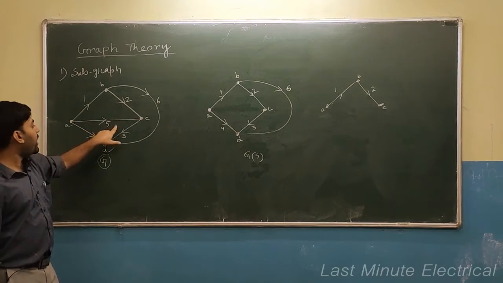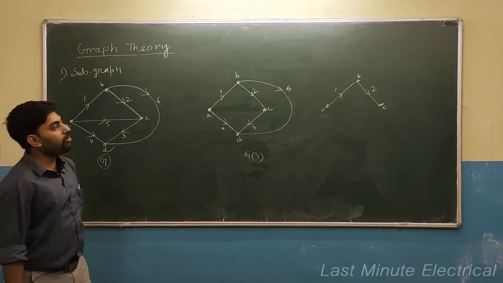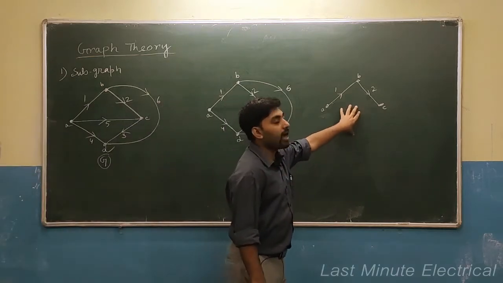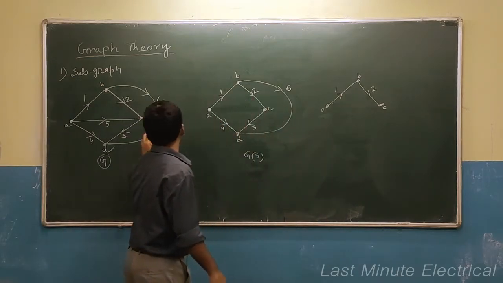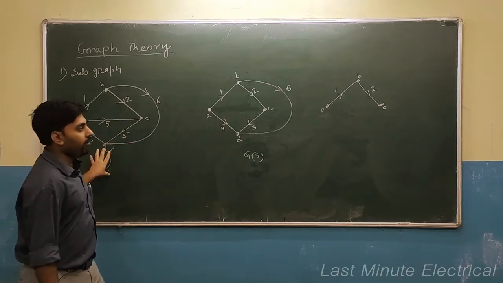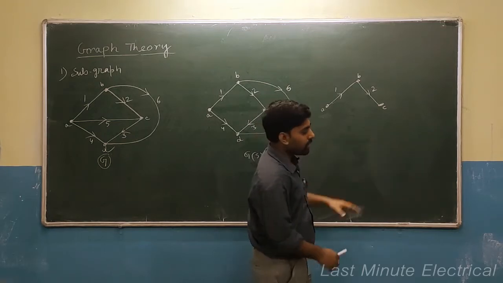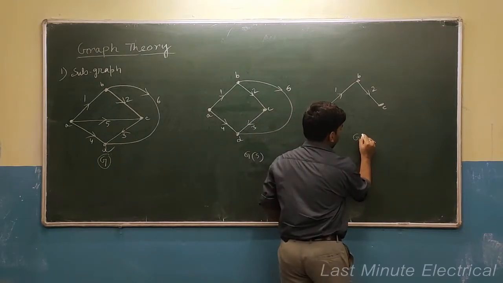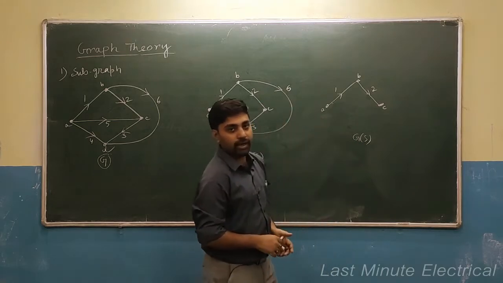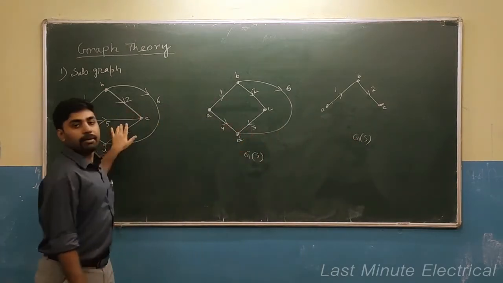The 5, 3, 4 branches and also the D node. So we can call this graph a subgraph of the main graph. If G is my main graph, then this is your GS, a subgraph. This is one subgraph, and this is another subgraph of the main graph.